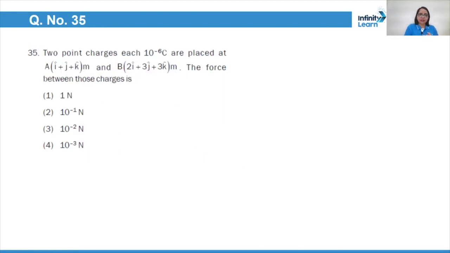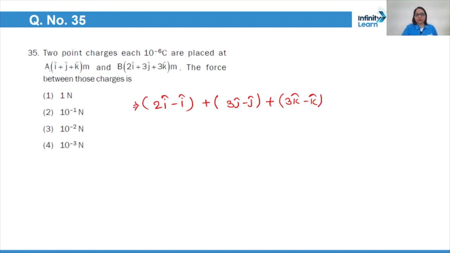Question number 35. Two point charges, each 10 power minus 6 coulomb, are placed at A (i cap plus j cap plus k cap) meter and B at 2i cap plus 3j cap plus 3k cap meter. The force between these two charges is? So let's find the separation between these two charges. That is equal to 2i cap minus i cap plus 3j cap minus j cap plus 3k cap minus k cap. I'm finding the difference between these two points, the distance between these two points, right? So it is the position vector of B minus the position vector of A. So this is i cap plus 2j cap plus 2k cap.